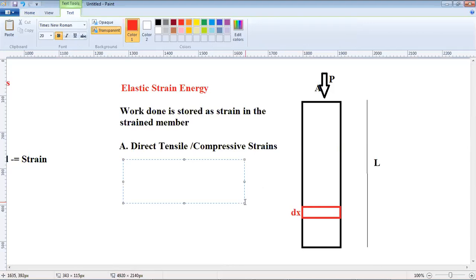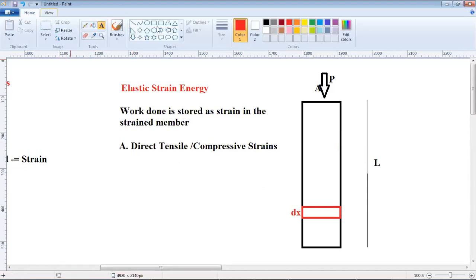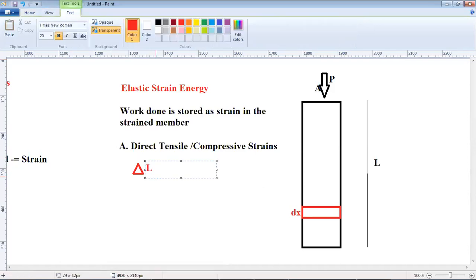The extension will be, for example, if that is delta L, which is the small incremental deflection or extension in the length of this portion, it will be P into dx divided by A into E, because we know delta L is equal to PL by AE.